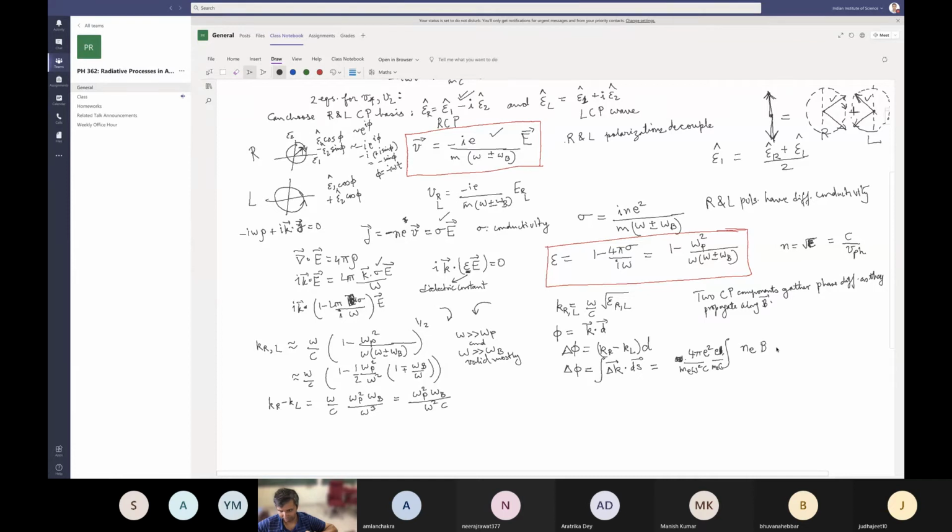So B is here times dl. So your phase difference is equal to this.